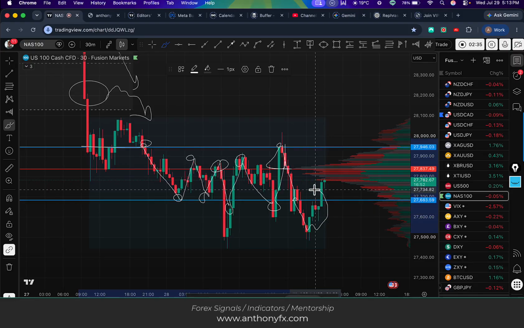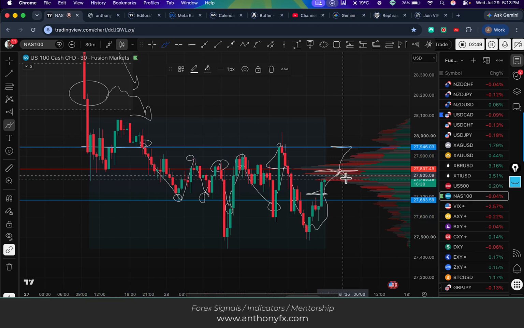But once it breaks back within value, you look to target that for number one, and target two is going to be that. Always look to take 50 or 60% off at the first target, the point of control, because it could turn around on you, right?